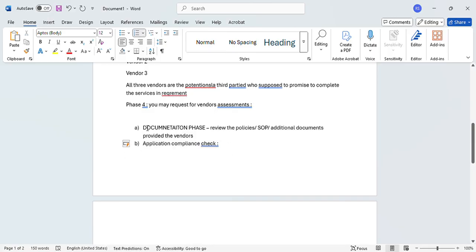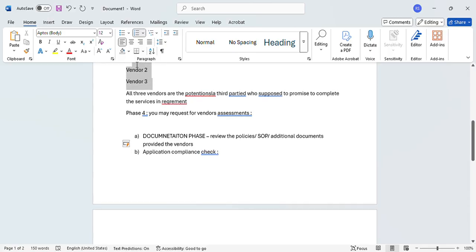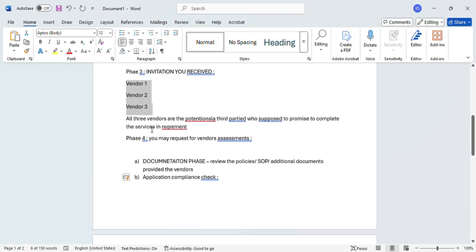Okay, so these two phases you need to complete. I can also say that vendor 1, vendor 2 and vendor 3, all three vendors need to undergo these two phases.